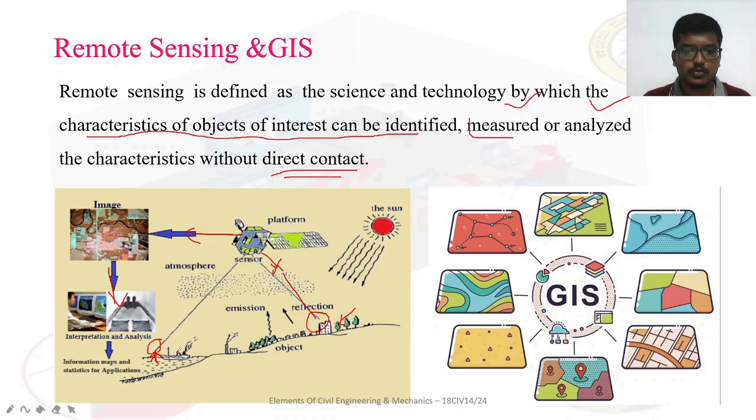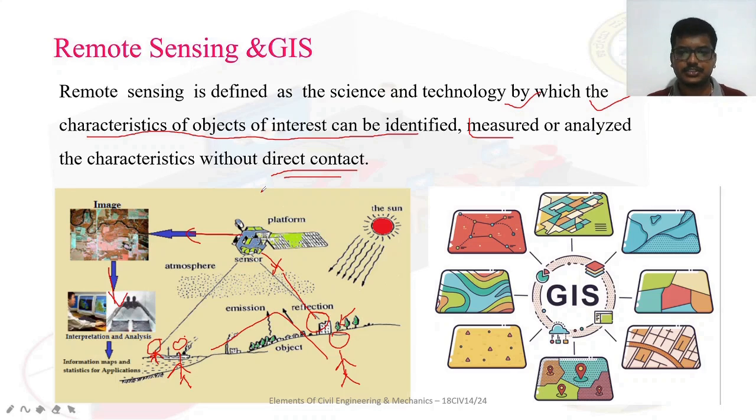So without moving, this person wanted knowledge or information from this place, and he got it without any physical contact. He didn't go there; it was done in a fraction of seconds by the technique called remote sensing.